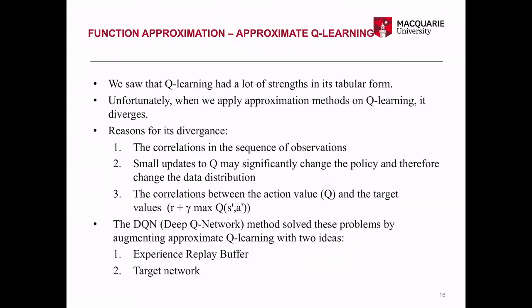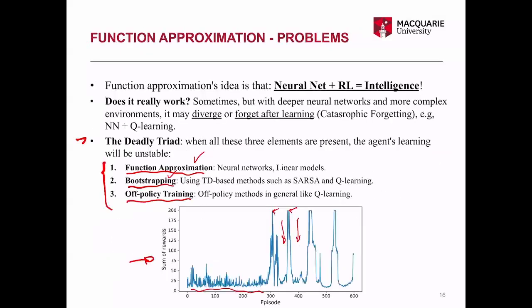Unfortunately, when we apply approximation methods on Q-learning, it diverges, as I explained. And all right, so we mentioned that if you see the deadly triad, your model will be unstable. We didn't really provide a reason for this behavior.